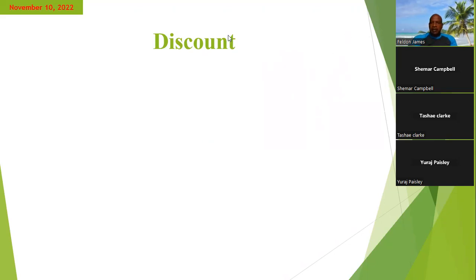So can somebody clearly just explain what discount is for the benefit of the class? It's basically a reduction of a price, sir. So it is a reduction of? A price. Reduction of a marked price by a certain percent.